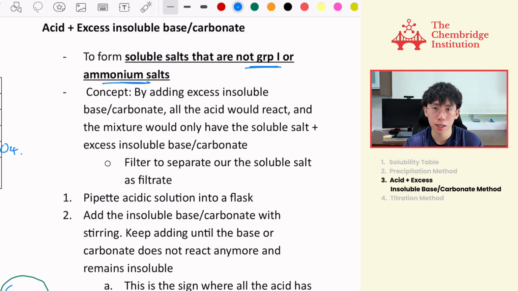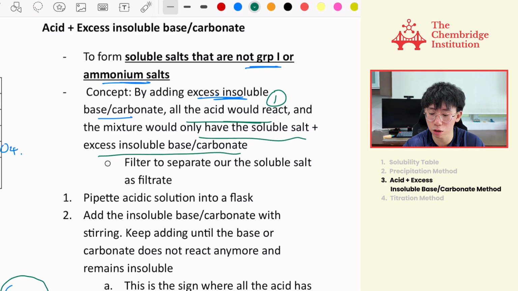The concept of this is that by adding excess insoluble base or carbonate, the key thing is that all the acid would react, that's number 1, and the mixture will only have your soluble salt plus excess insoluble base or carbonate. We do this because in general it is easier to separate something that is insoluble, which is the excess insoluble base or carbonate.